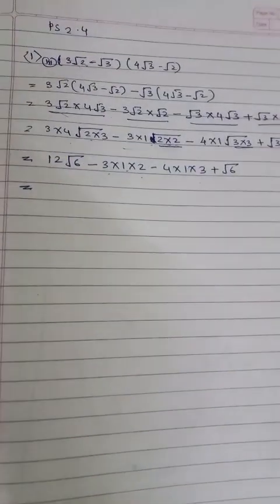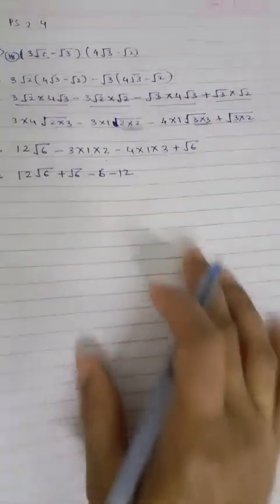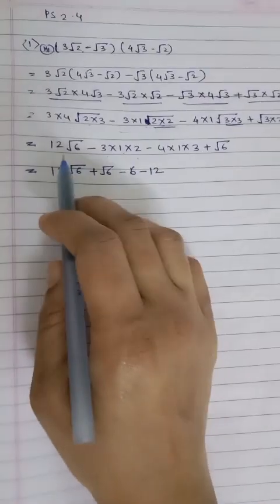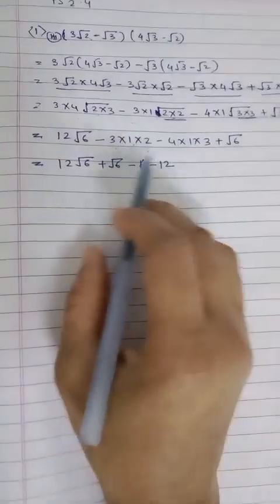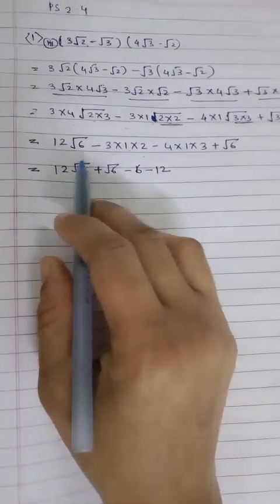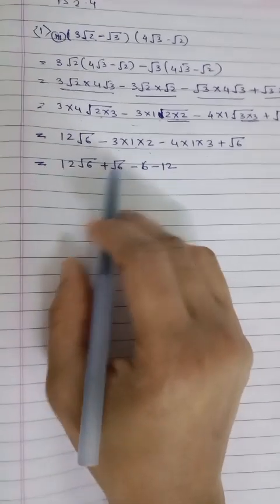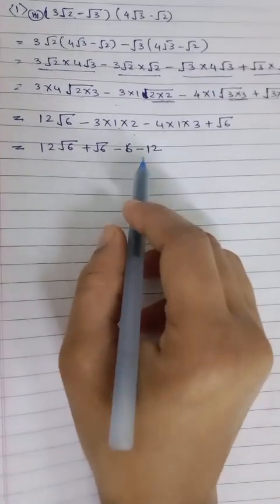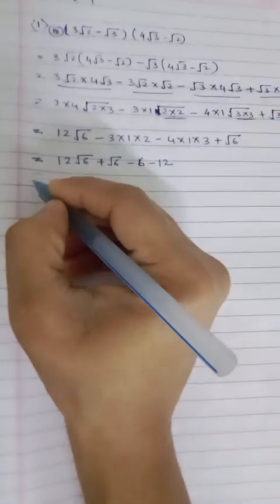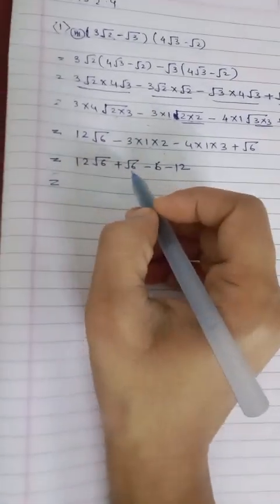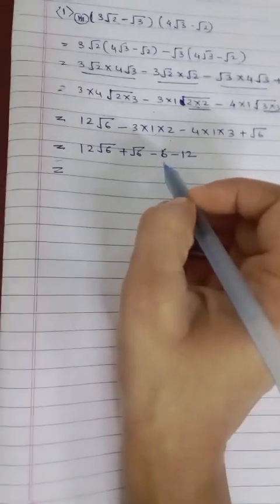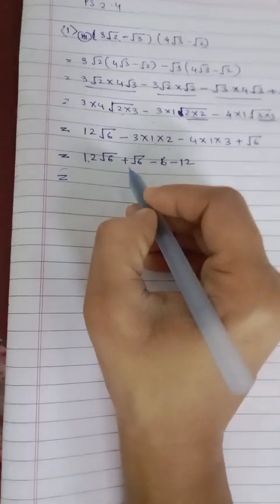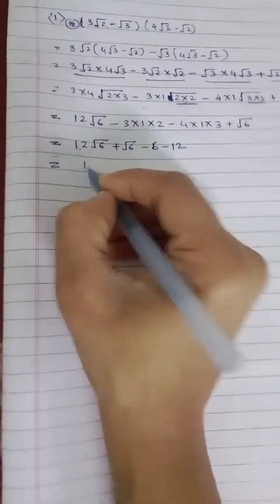Now do the next calculation. In the next step I have taken my common terms or like terms together and the numbers together. In this case 12 root 6 and root 6 are the common terms, and this multiplication gives me minus, and this multiplication gives me minus 12. So I have written them together. My next step will be addition and subtraction according to the given operation. 12 and the outside number is 1, so 12 plus 1 is 13.